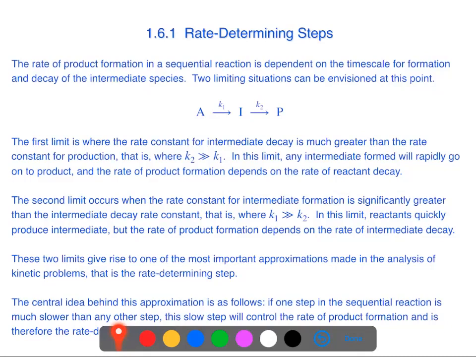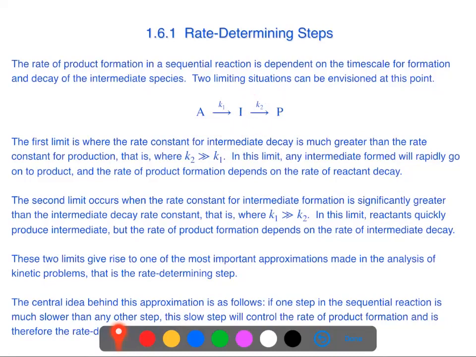And so in this limit, the reactants quickly produce the intermediate, I, but the rate of product formation depends solely, in many ways, on the rate of this intermediate decaying via K2.